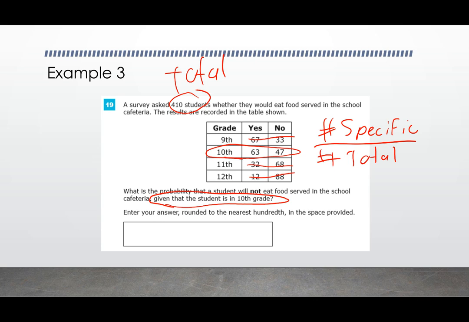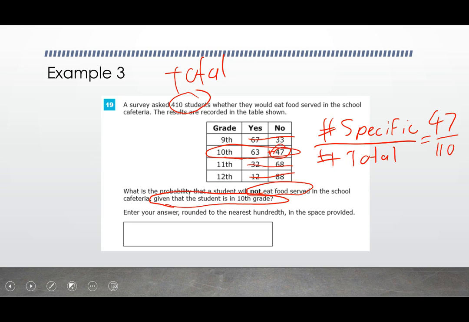So what's the total number of 10th graders? Well, 63 plus 47 is 110, I think. Yeah, so there are 110 10th graders in total. Now, number specific, I'm looking for the ones that will not eat cafeteria food. So that is 47 of the 10th graders will not eat cafeteria food. So 47 divided by 110.